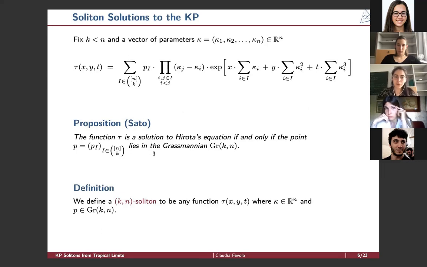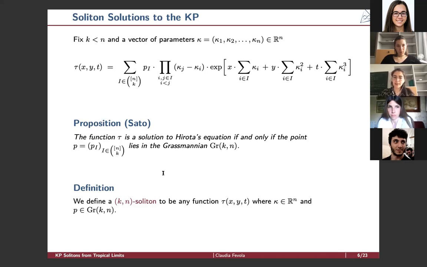The motivation for this comes from the following result. Sato proved that a tau function of this form is a solution to the KP equation if and only if the point pi is a point in the Grassmannian. So anytime we take a vector of Plucker coordinates and construct such a tau function from this vector, we get a solution to the KP equation, and vice versa also holds.